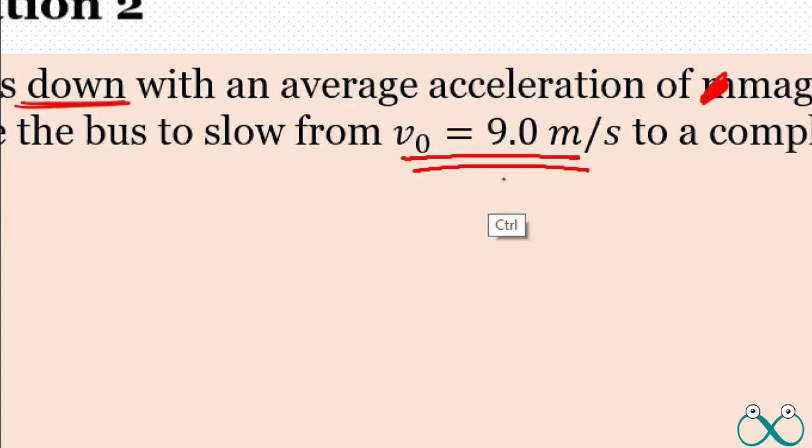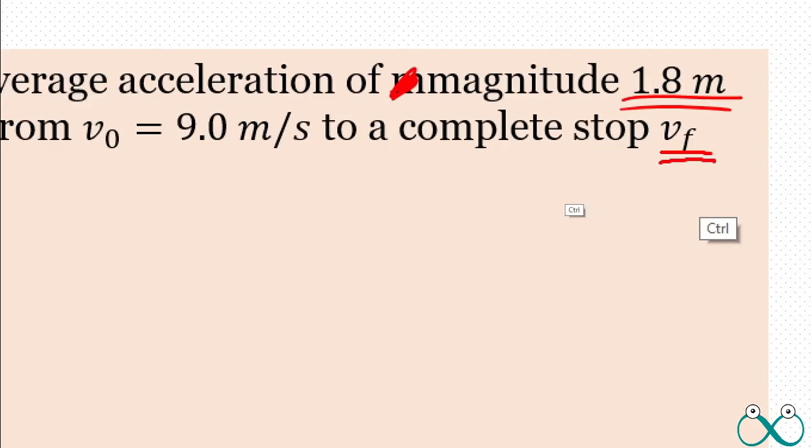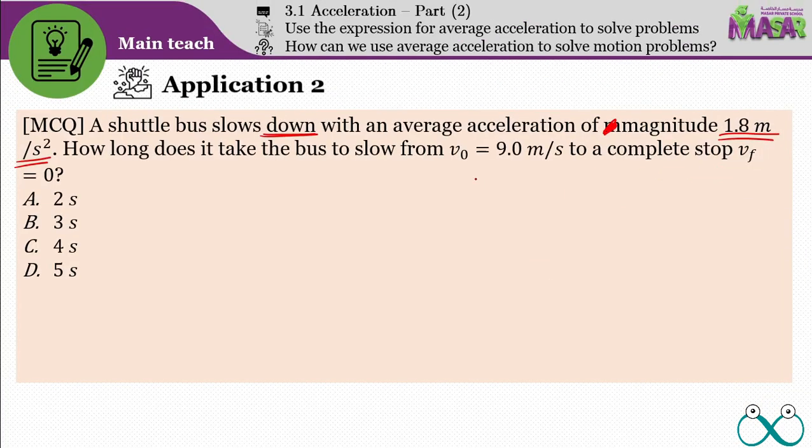Now this represents the velocity. The direction of this velocity is positive because we don't have any sign here. The final velocity, since the object will stop, will be 0. Let me write down the ingredients.